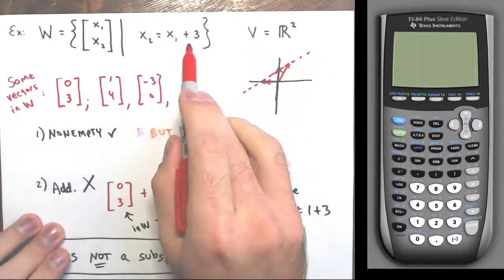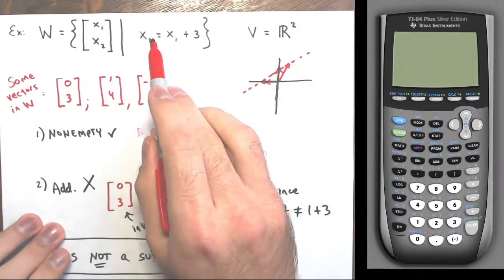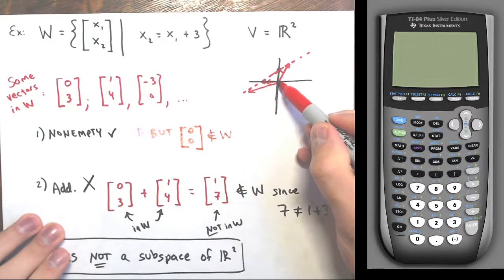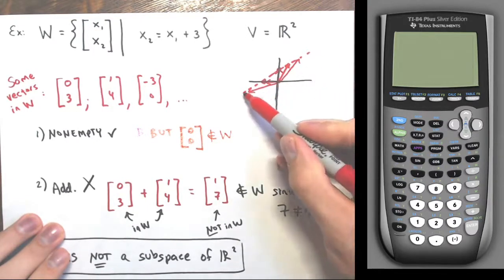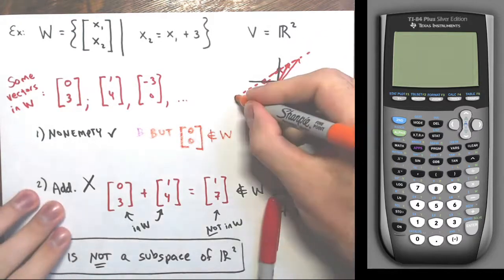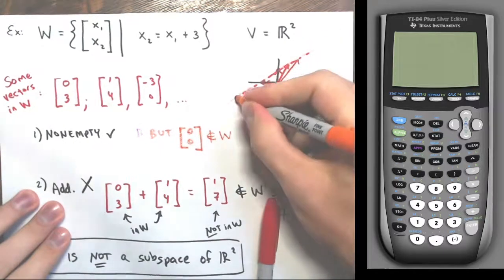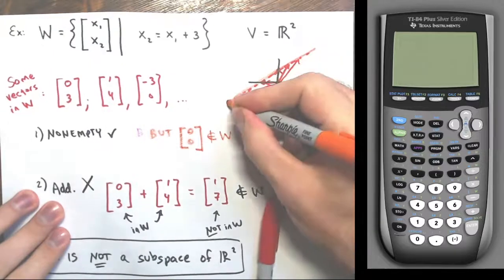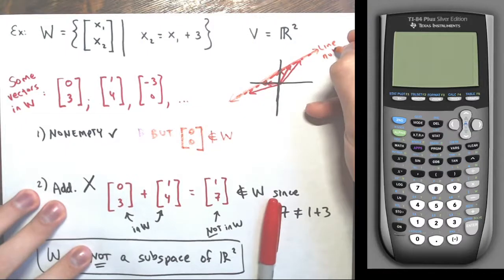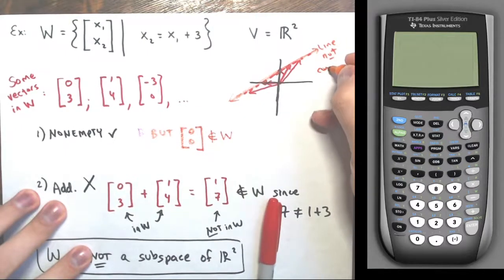Now this is a linear equation still, all the variables are to the first power. But all the points that the vectors take you to would not be on a line through the origin, but they'd be on some line not on the origin, right? Remember I said earlier, a line not containing the origin.